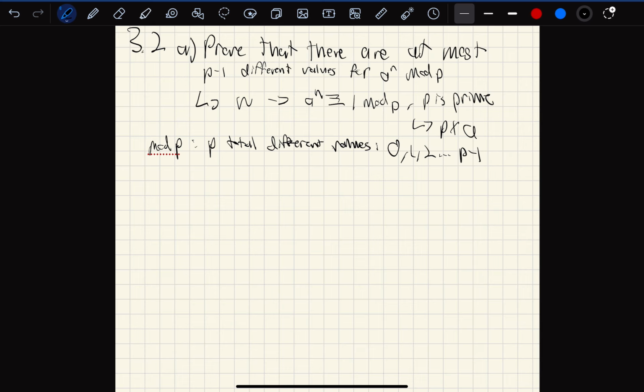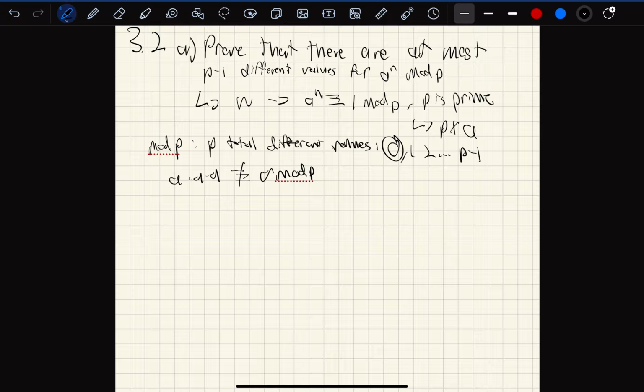But as we know that p is not divisible by a, as they do not share common factors, no matter how many times we multiply a by itself, it's never going to be divisible by p. Like this is never going to happen. So 0 is not a possible number, but while 0 isn't a possible number, all of the other numbers are still possible.